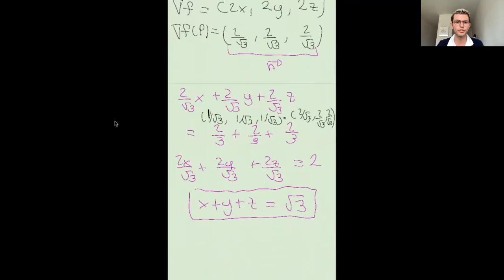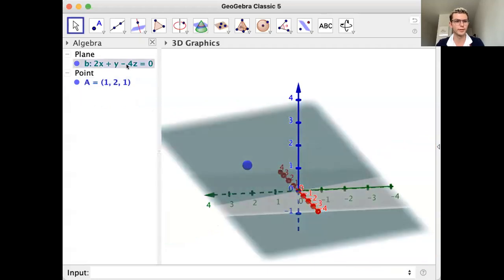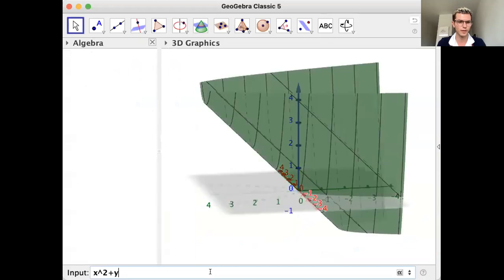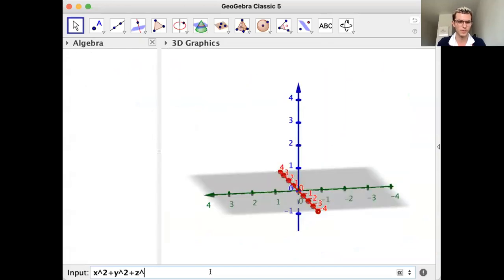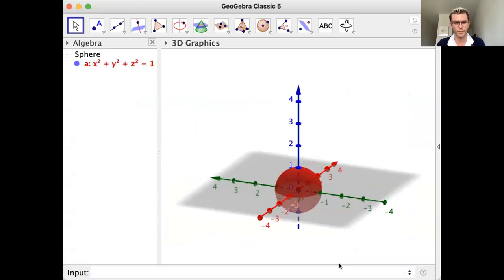So again, if you go to GeoGebra, here you have the sphere, and then you have the point, which was 1 over square root of 3, 1 over square root of 3, 1 over square root of 3.